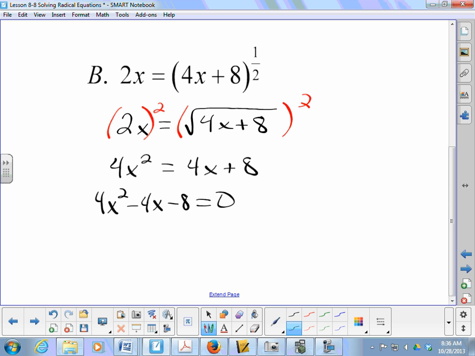The quadratic, so I need to get it equal to 0. I have a coefficient on x squared. I don't like factoring with coefficients on x squared. It's harder. So can I do anything here to simplify that? Okay, I can divide everything by 4.